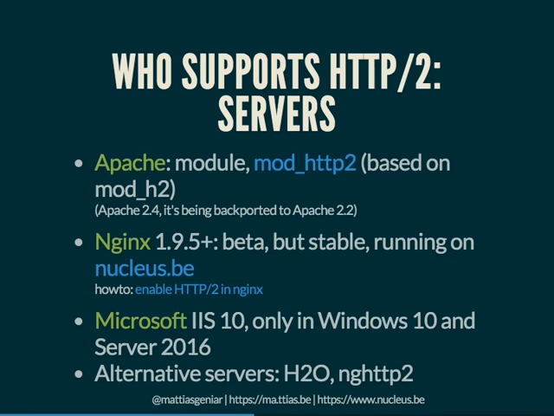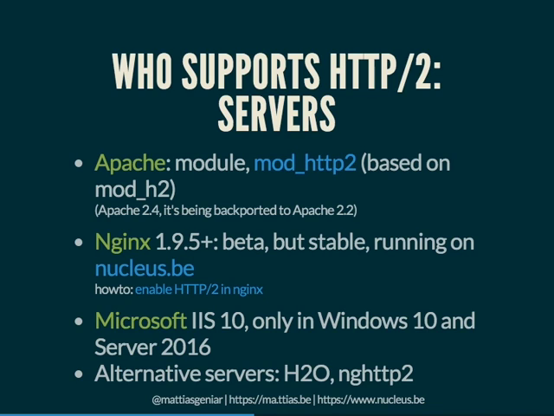There are alternatives that have been rising more and more. Because Apache and Nginx were taking their time to implement HTTP 2, others saw the opportunity to jump in. We've already had this market where Apache and Nginx have been sort of the boss on the open source web server side.